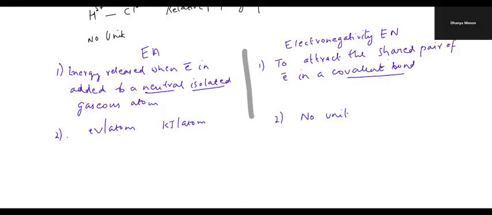One more thing: in electron affinity, an electron is added to an isolated gaseous atom. It happens for an individual atom, for one atom, which is why the units are kilojoules per atom and electron volt per atom.